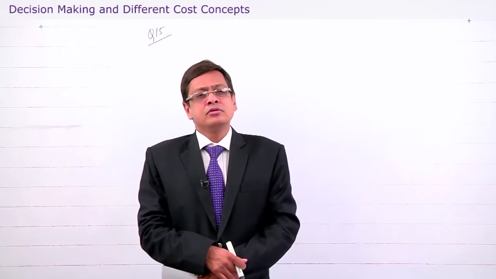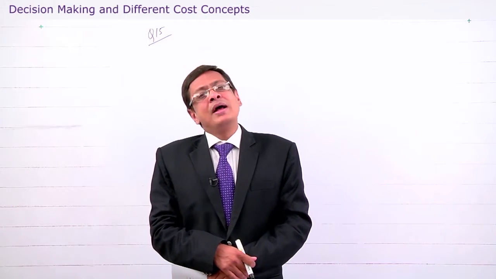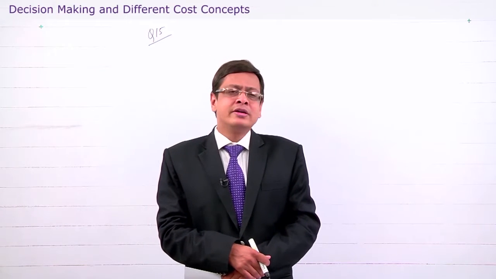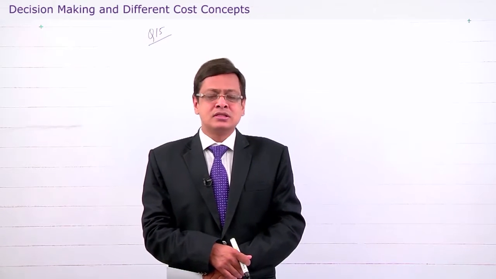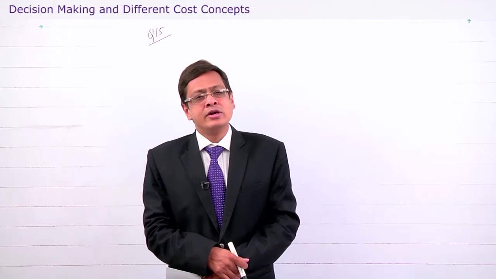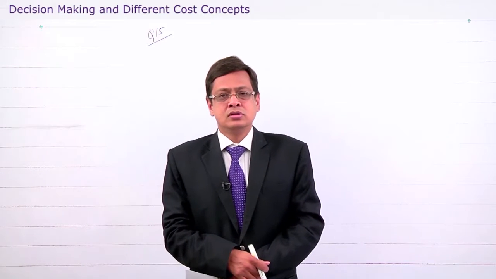Decision making are of numerous types. I am going to cover the maximum possible types of decision making. We have already done 7 types of decision making. The 8th decision making which we are going to take up is decision on lease.